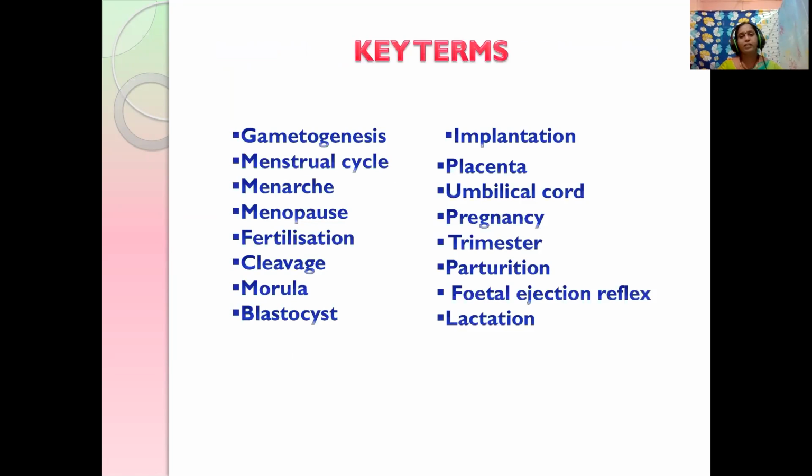The important terms we learn in this topic are gametogenesis, menstrual cycle, menarche, menopause, fertilization, cleavage, morula, blastocyst, implantation, placenta, umbilical cord, pregnancy, trimester, parturition, fetal ejection reflex, lactation.